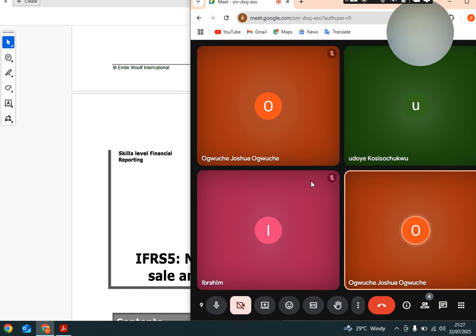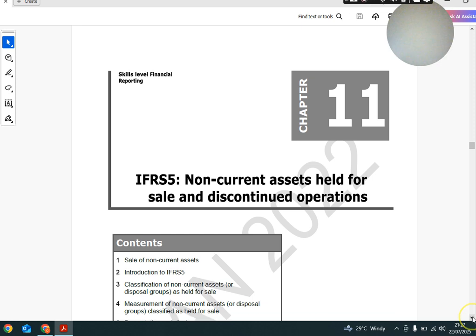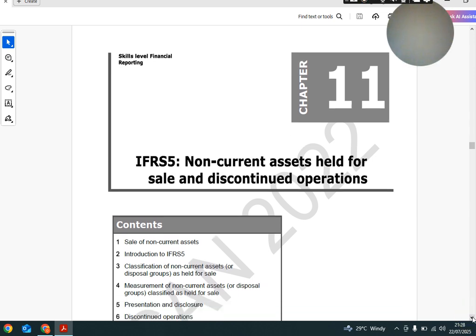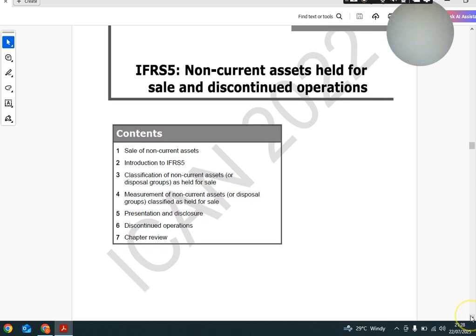That's the number one condition that must be met. Then the second condition is that the sale must be probable. It is this one that is subdivided into 5 that makes it 7 conditions.